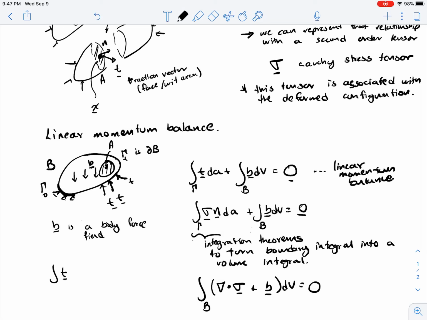We could have the tractions applied to that boundary, plus, instead of gamma, let me use the boundary of A, plus the body force over A, dB, equals 0.